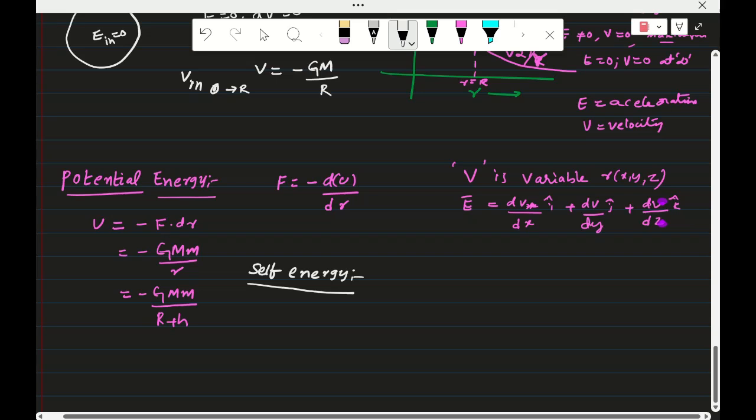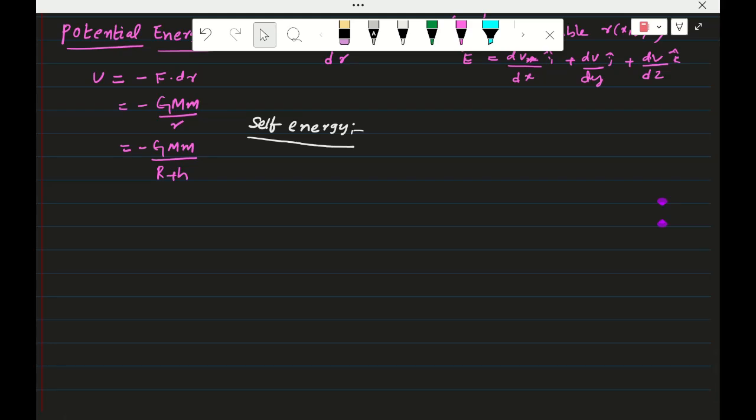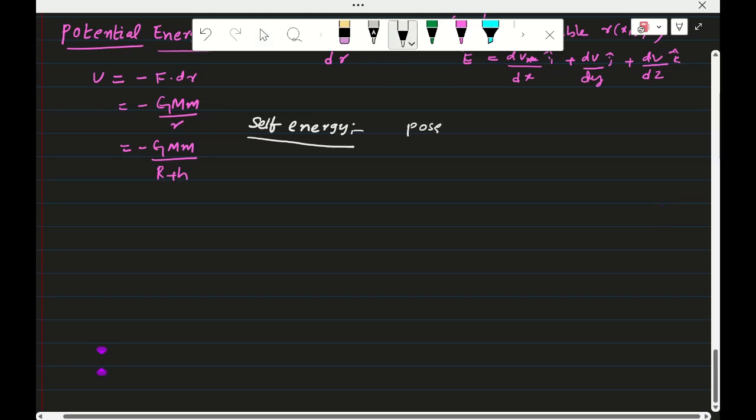Self energy is nothing but the energy possessed by a body due to its constituent particles. The self energy is the energy possessed by a body due to the particles inside.